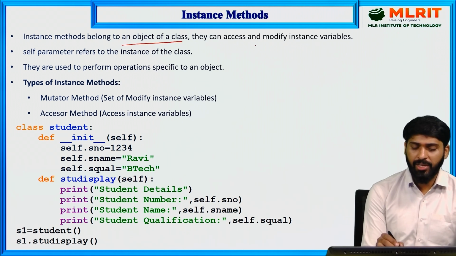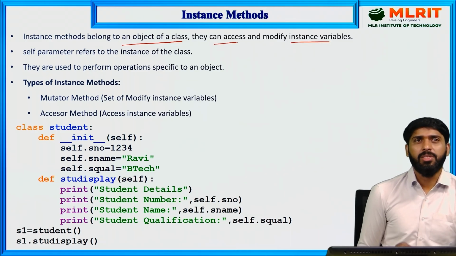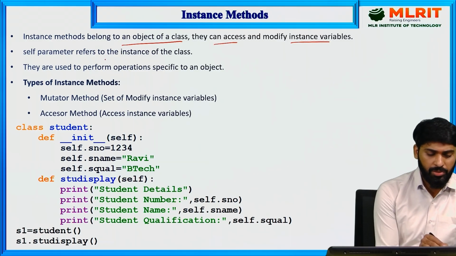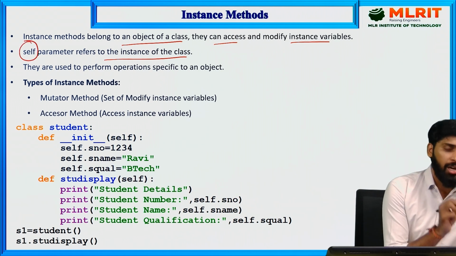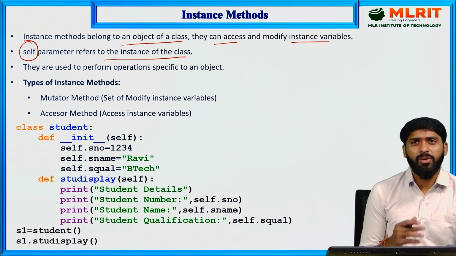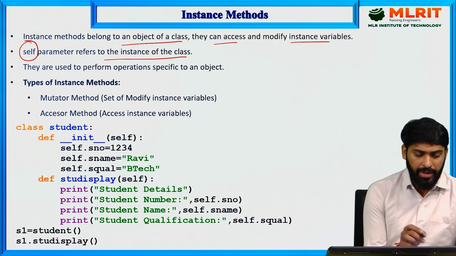They can access and modify instance variables. The self parameter refers to the instance of the class. You remember, this is very important. Whenever you are writing programs using class and object, you are going to use self.